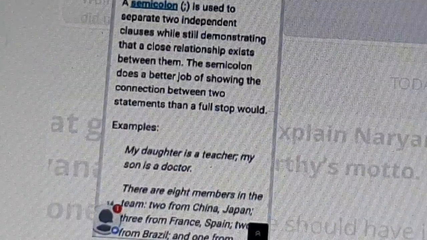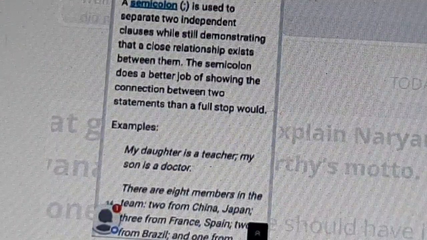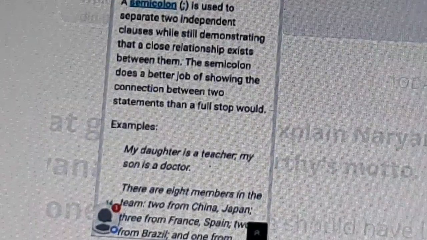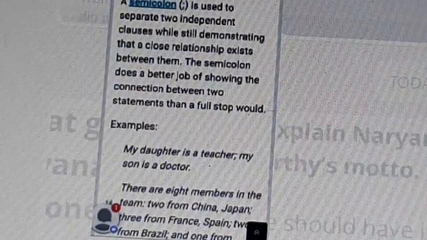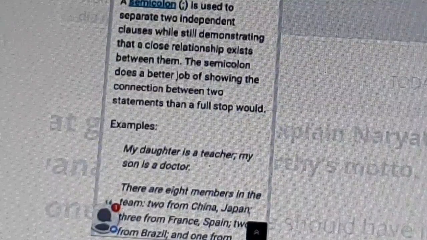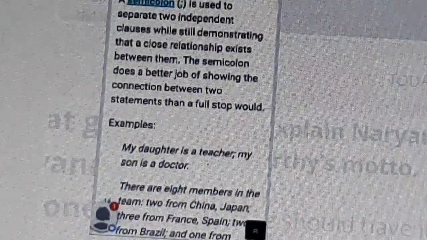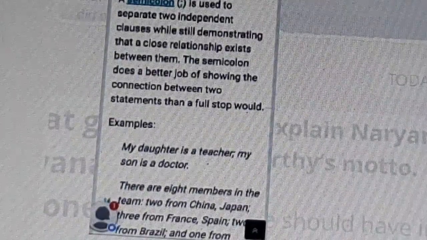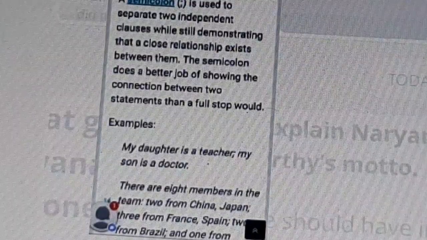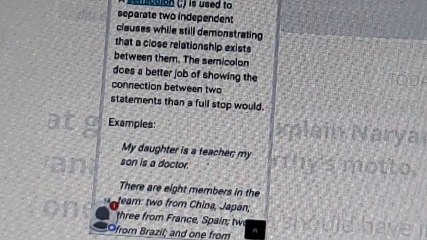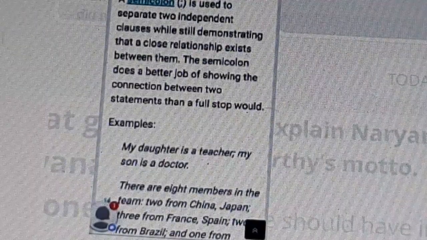Okay. Semicolon. Semicolon is used to separate two independent clauses while still demonstrating that a close relationship exists between them. When there is a close relationship between them, the semicolon does a better job of showing the connection between the two statements than a full stop would.